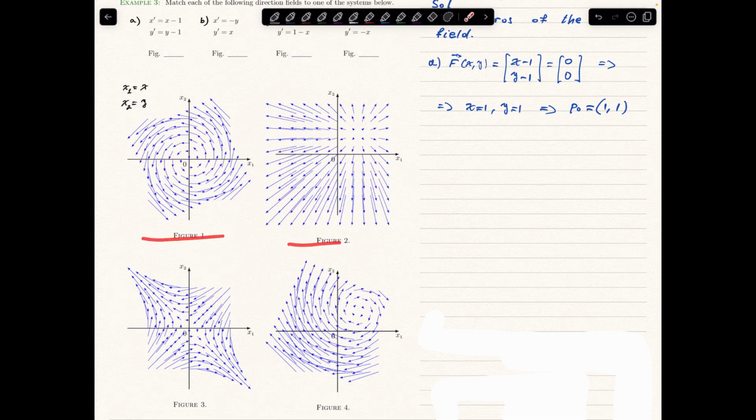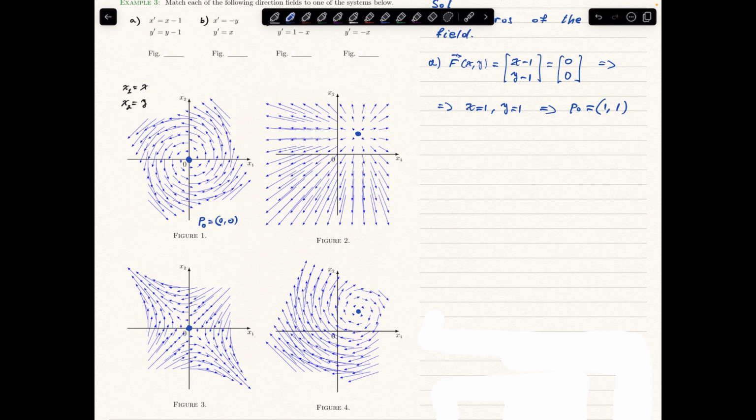Here, this vector field vanishes obviously here. This vector field vanishes at 0, 0, we can see from the arrows, and this one is going to vanish here. So for sure, this vector field vanishes at p0 equals 0, 0.